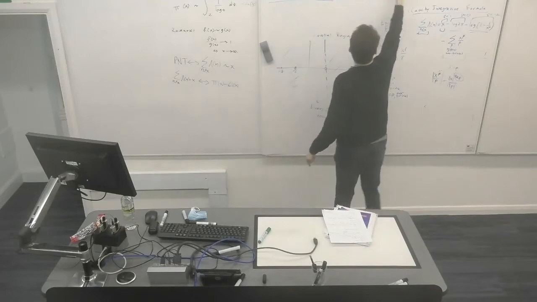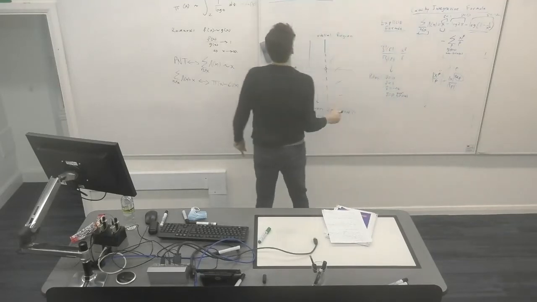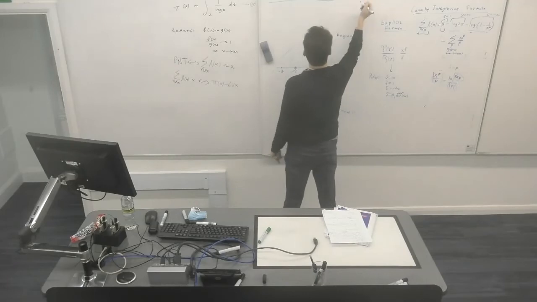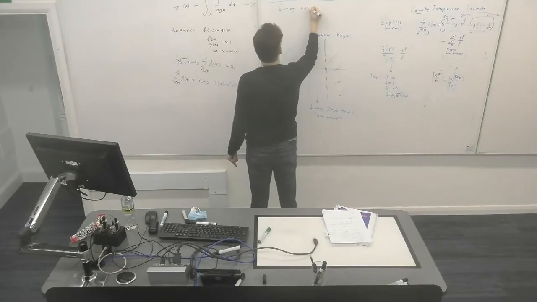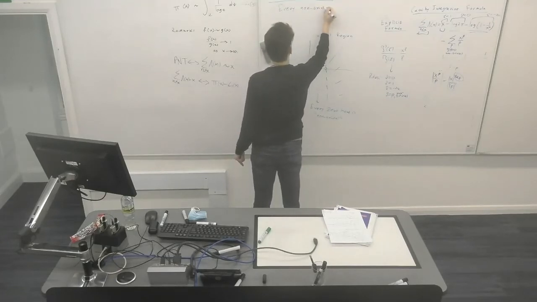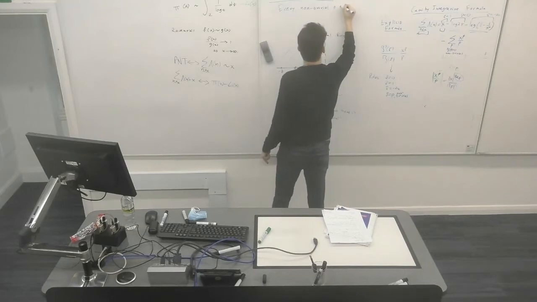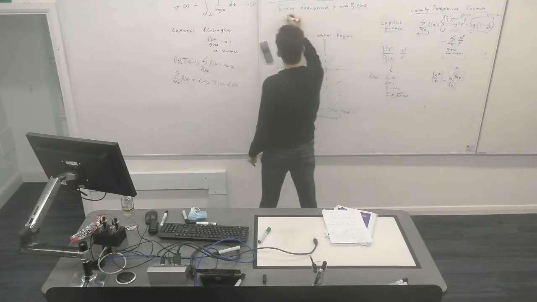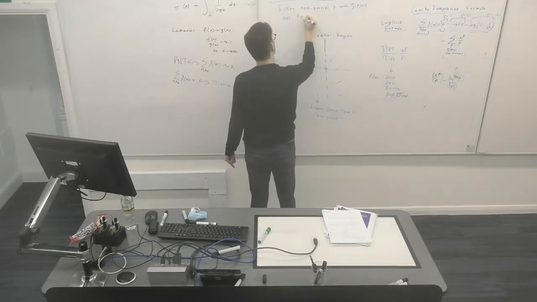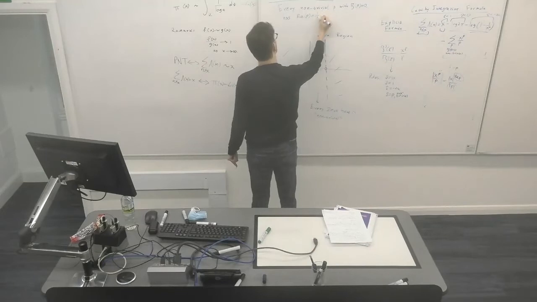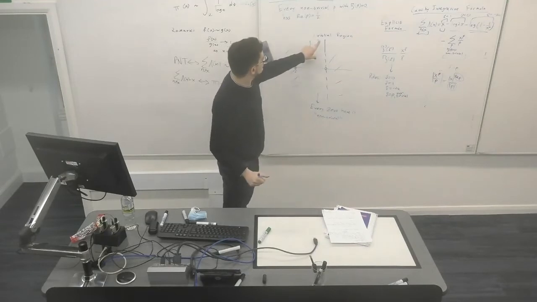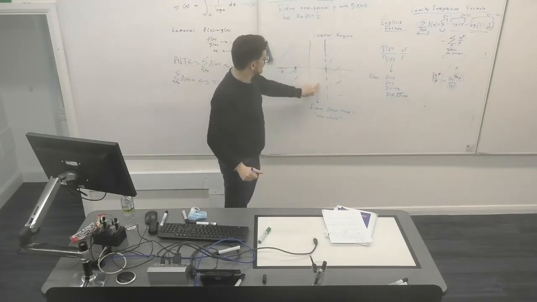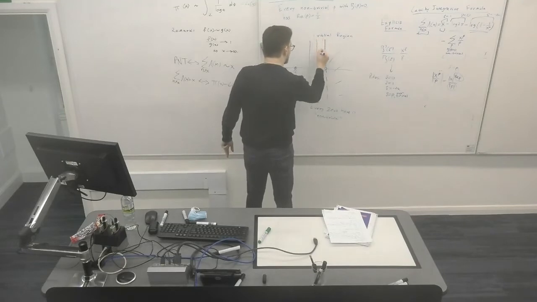The Riemann hypothesis says that every non-trivial r with zeta of r equals 0 has real part of r equal to half. So this is the Riemann hypothesis, but it says basically that all the zeros of the Riemann zeta function must lie on this single line.